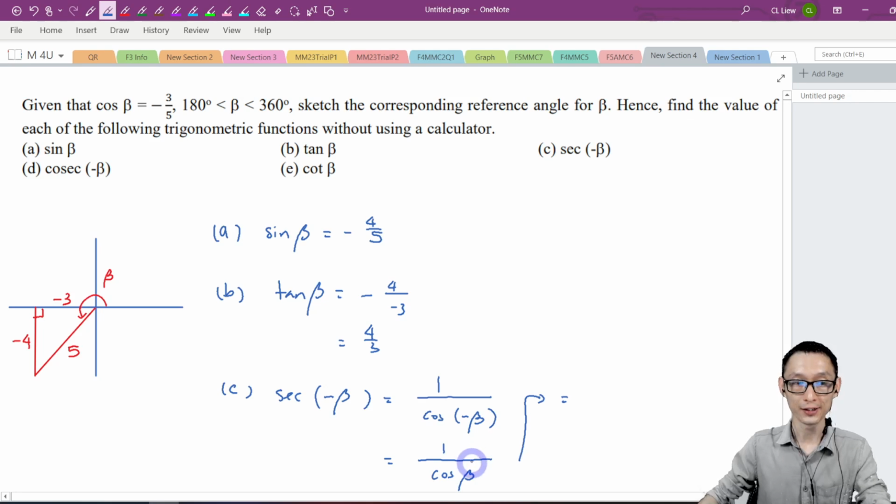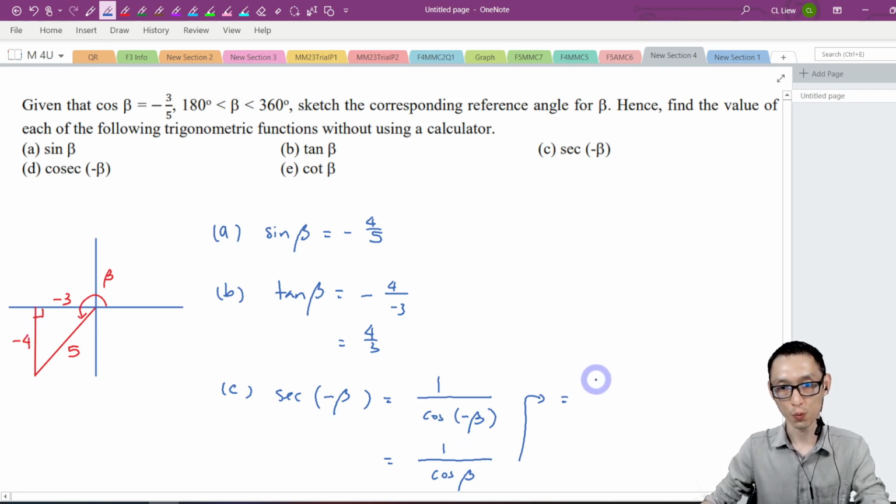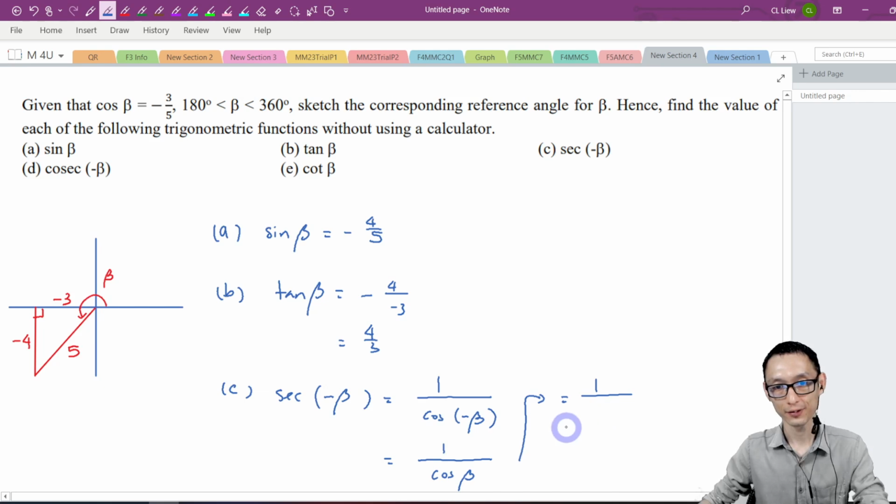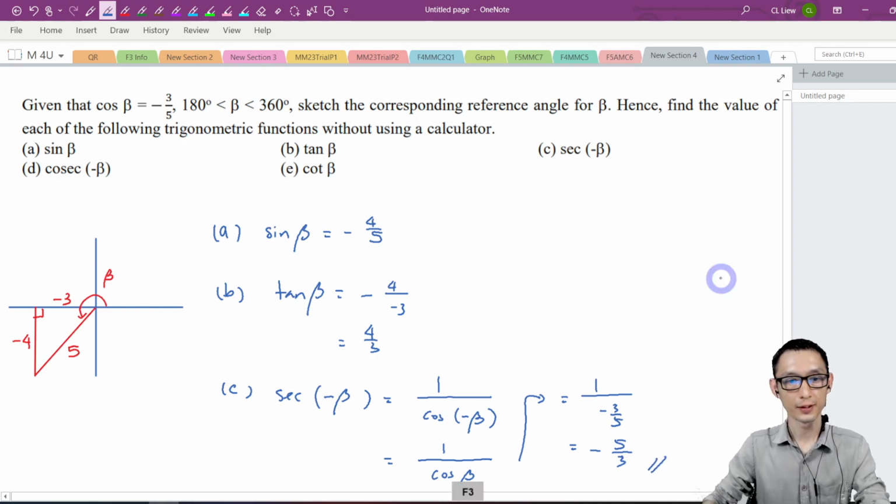Okay, then just refer to this diagram. 1 over cosine, CAH, adjacent over here, hypotenuse over here. So the answer will be 1 divided by this, 1 divided by negative 3 over 5, then it will be equal to negative 5 over 3. Now let's go to part D.